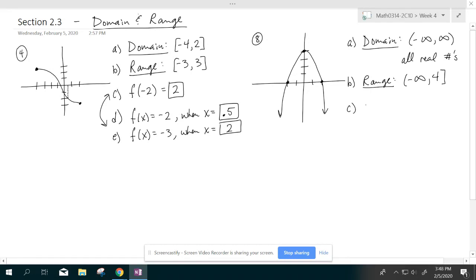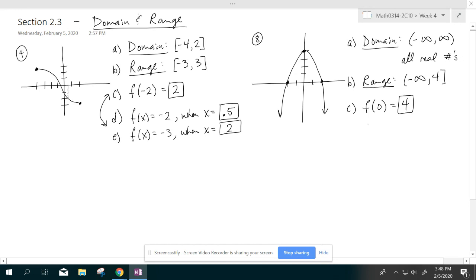Part C. Let's do f of 0 this time. What is f of 0? And again, do you understand that this says when x is 0, what's y? When x is 0, y is up at 4, okay?